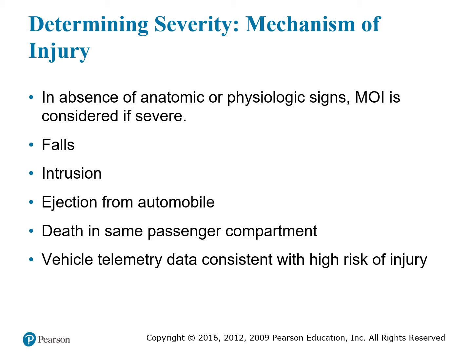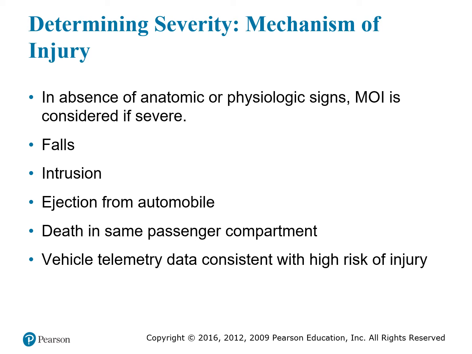Now what we want is 12 inches directly next to that passenger, or 18 inches anywhere in the car. So if the driver in car A, if his door is pushed in 12 inches, then that's a severe mechanism of injury.